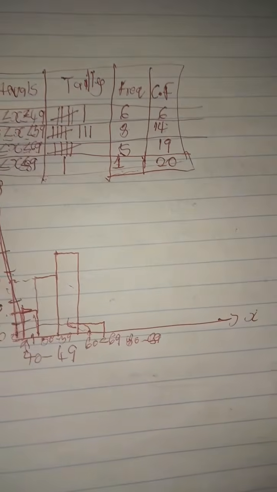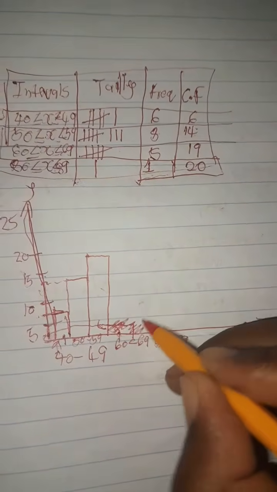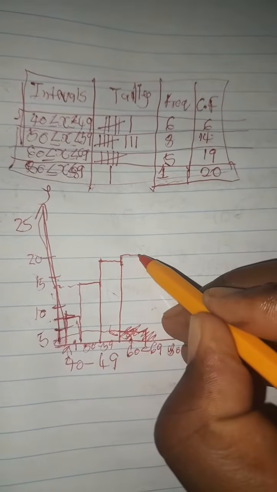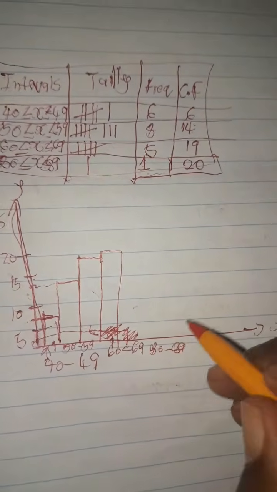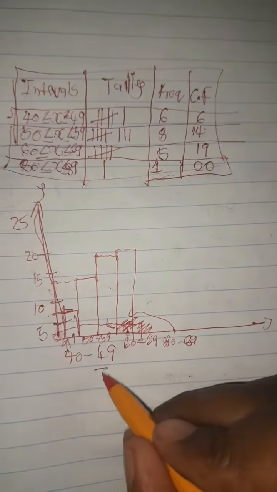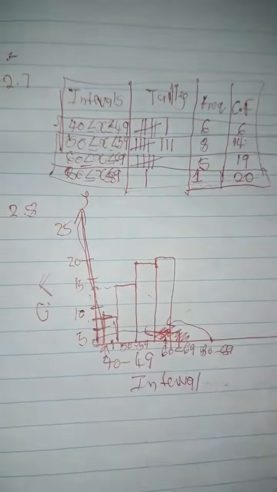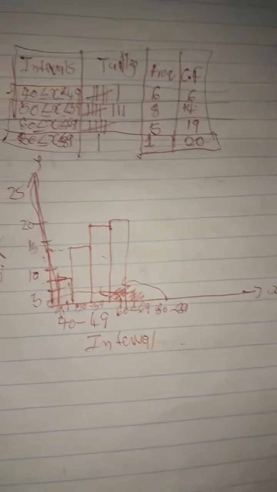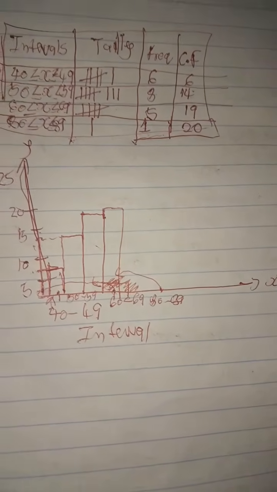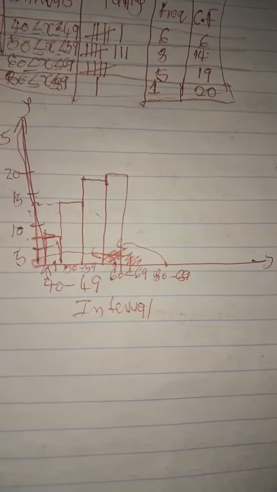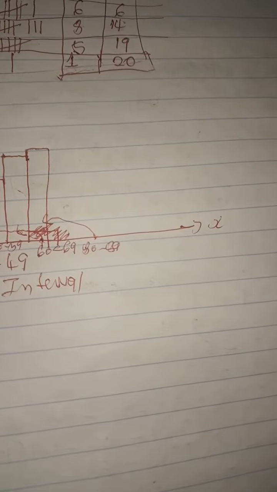No, I'm wrong. 80 to 89 is 20, so it should be exactly here. This is the interval that follows. So this is going to be an interval, and this is going to be a cumulative frequency. So this is how you can work out your histogram. But use a ruler, guys, for accuracy, and a proper scale. So that's how it should be at 2.8.